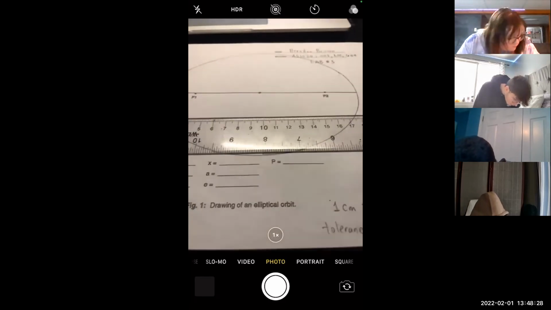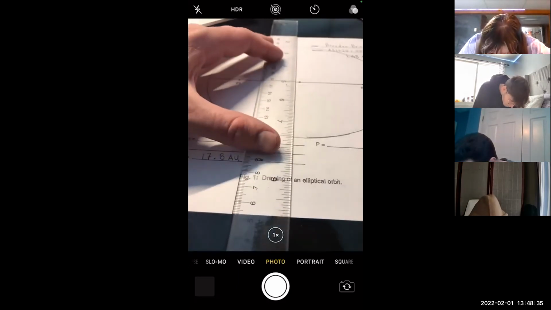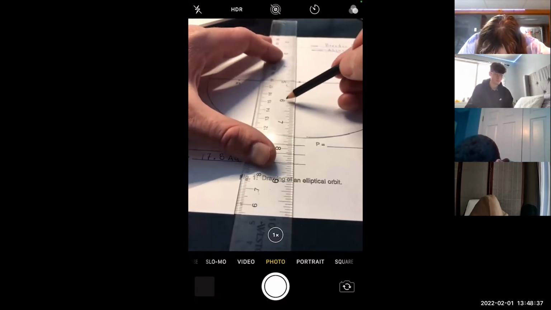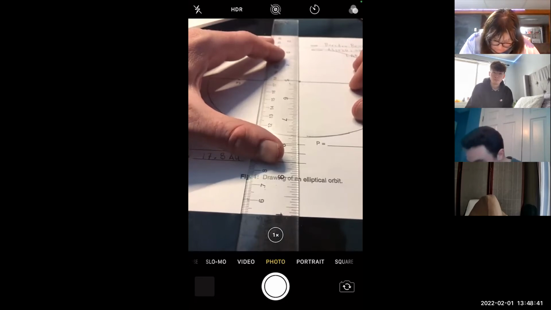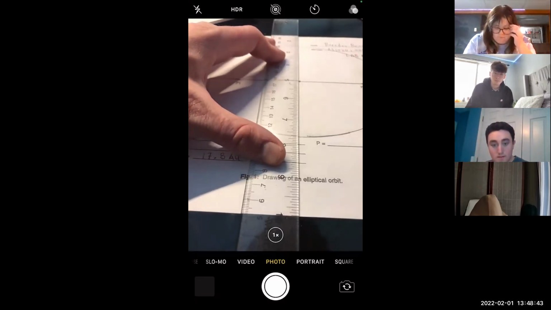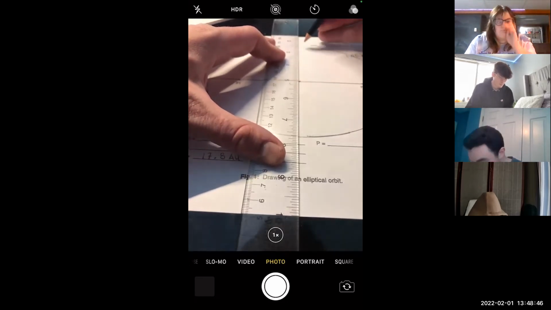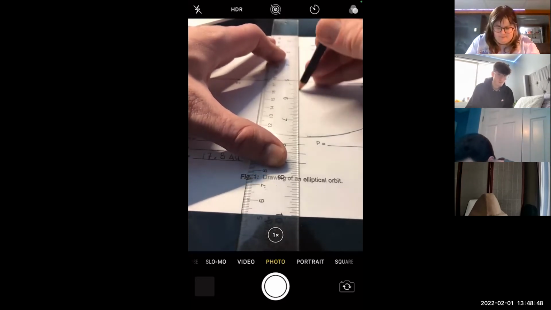I'm going to now draw my minor axis perpendicular to the major axis, and some care must be taken to make sure that you are perpendicular. I like to use these little inch lines to kind of guesstimate to make sure that my line is perpendicular. I kind of make sure that that's parallel there.